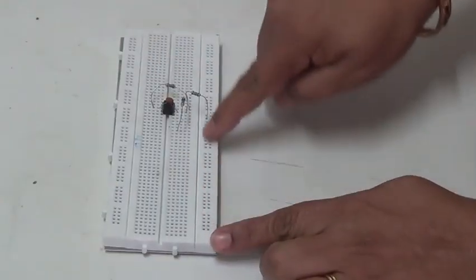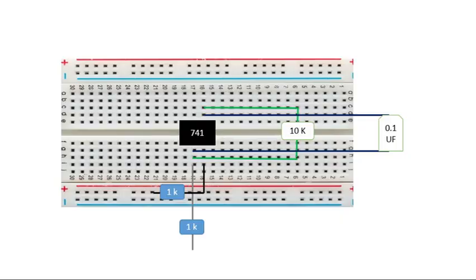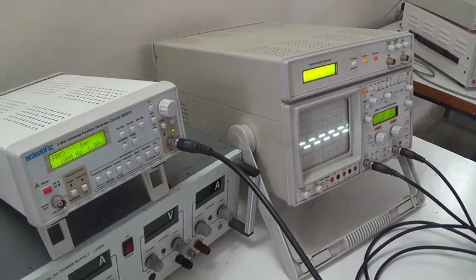This we are going to consider as ground. One volt peak to peak, 1 kilohertz square wave from function generator as shown here.